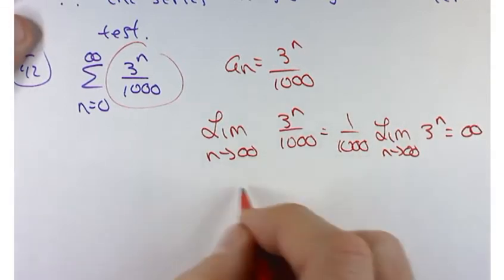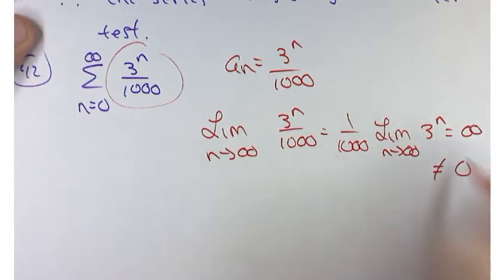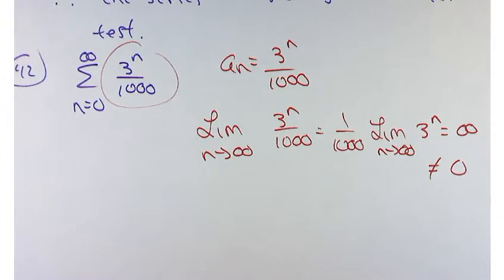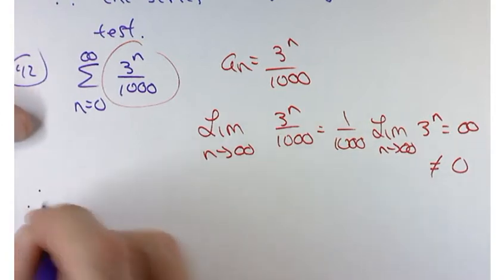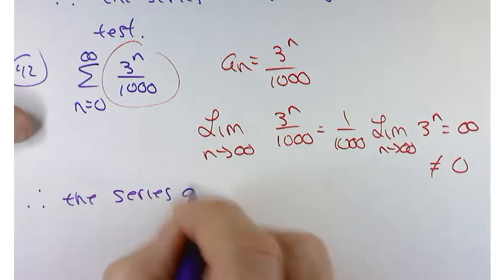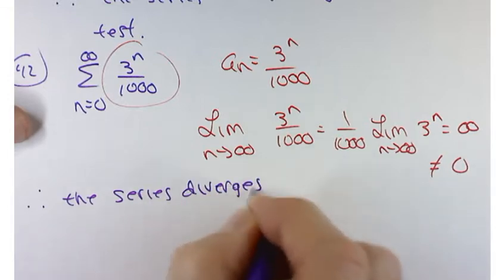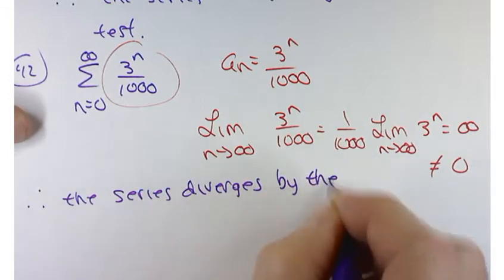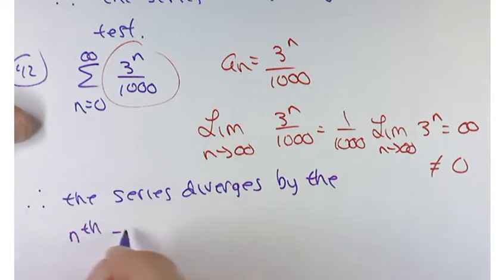At the very least, I can say that that's not equal to 0. And because it's not equal to 0, it's going to diverge by the nth term test. So therefore, the series diverges by the nth term test.